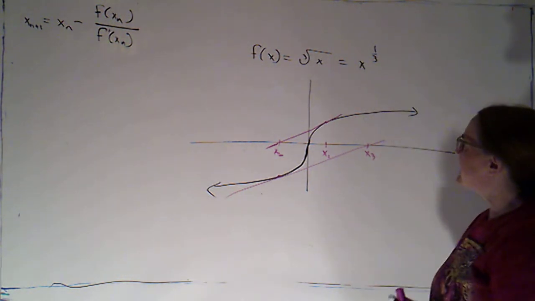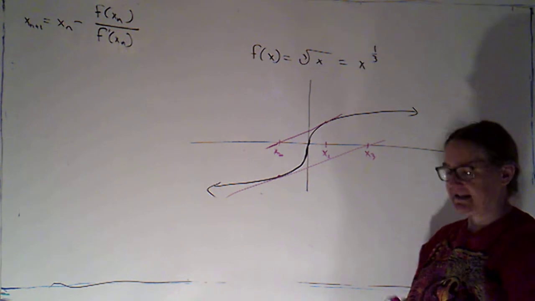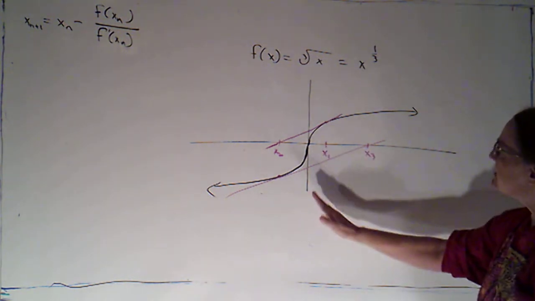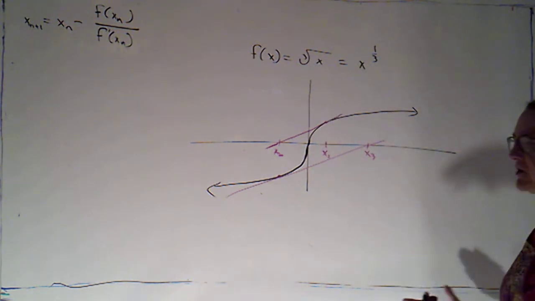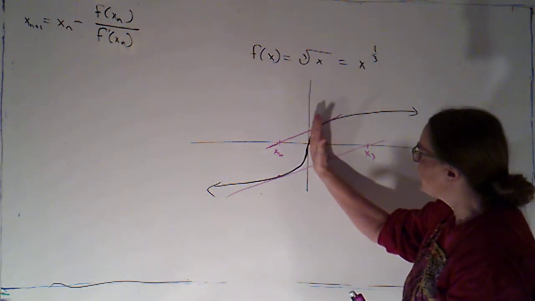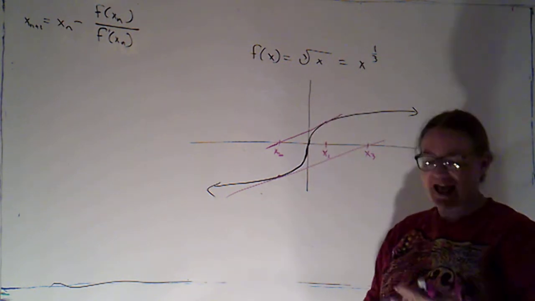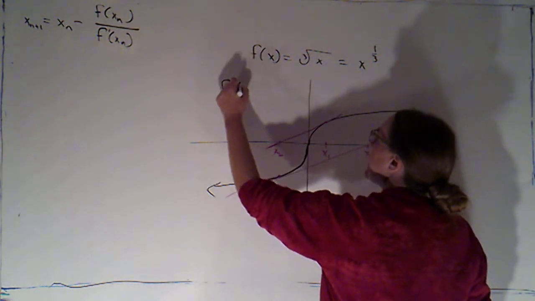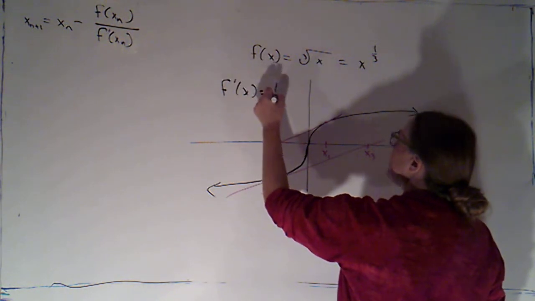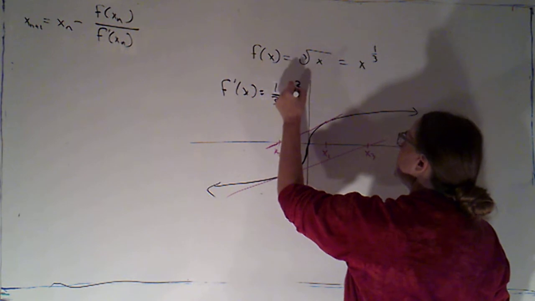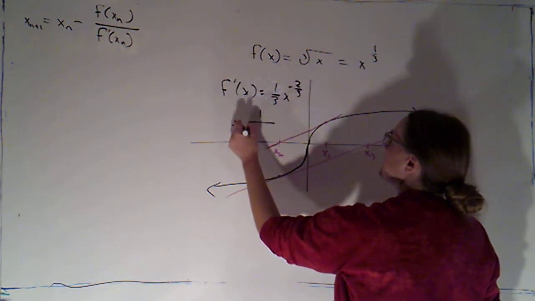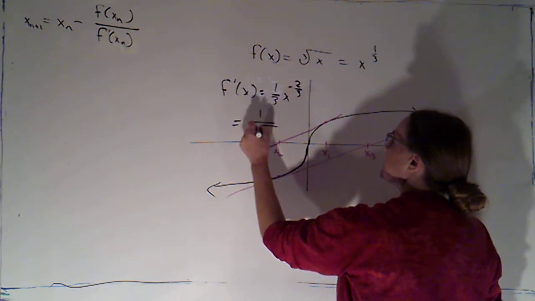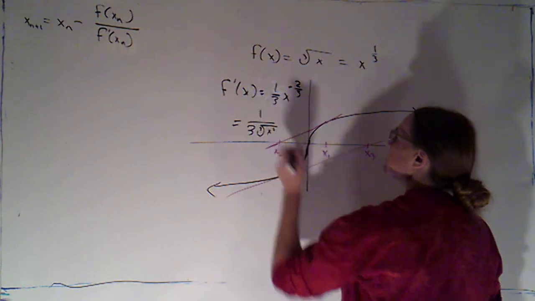Now, in this case, we can sort of see why that's the case. Notice that x to the 1/3, and I didn't draw a perfect graph, but I did try to capture, it's got a vertical asymptote at 0. Because if I were to take a look at f prime of x, I know that's 1/3 x to the -2/3, or 1 over 3 times the cube root of x squared.